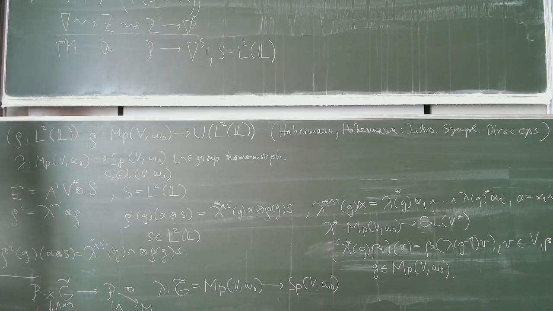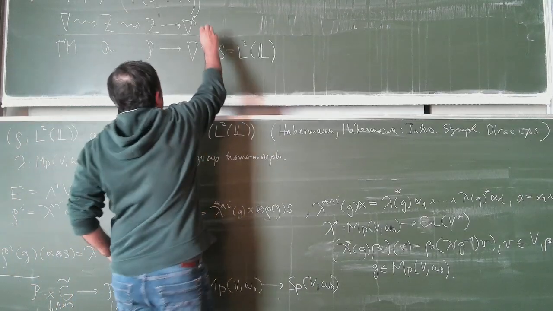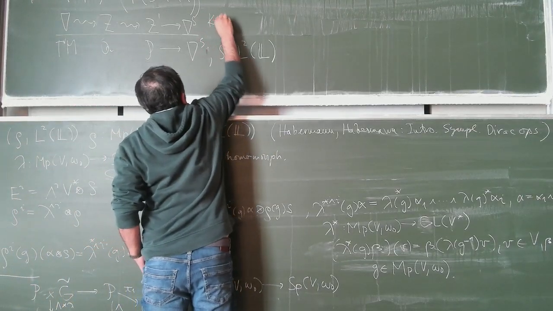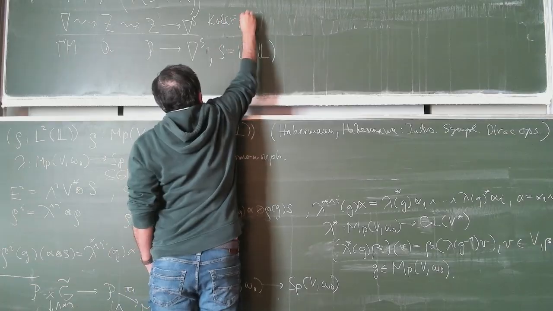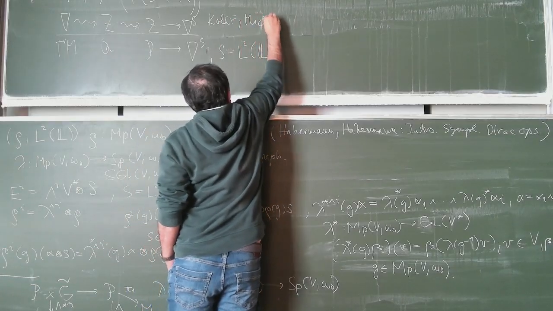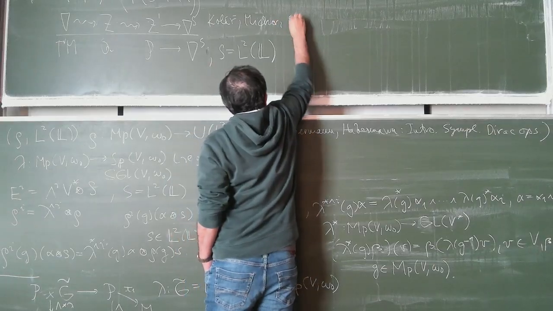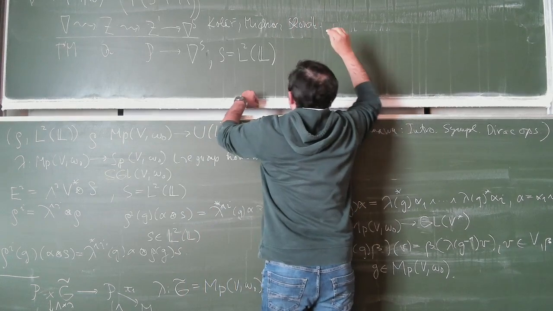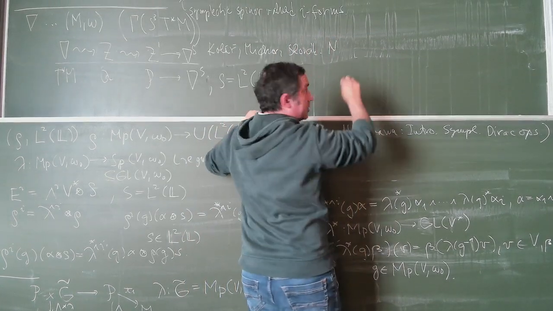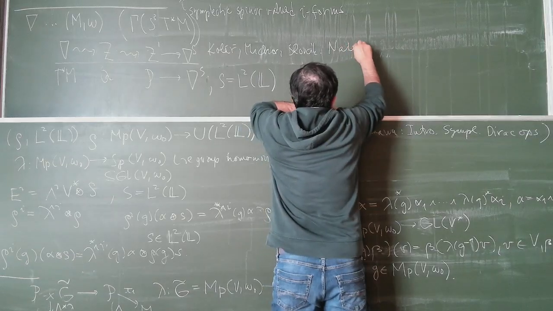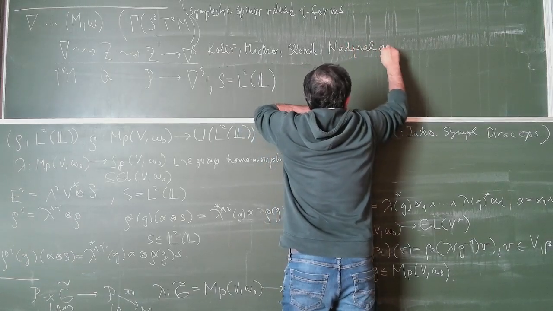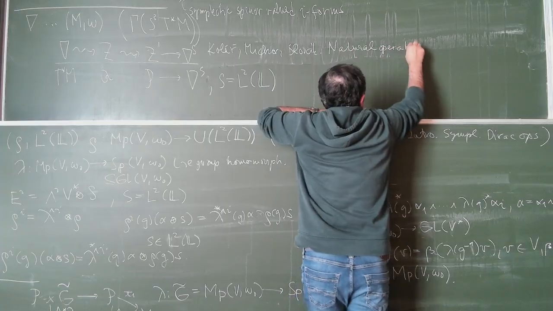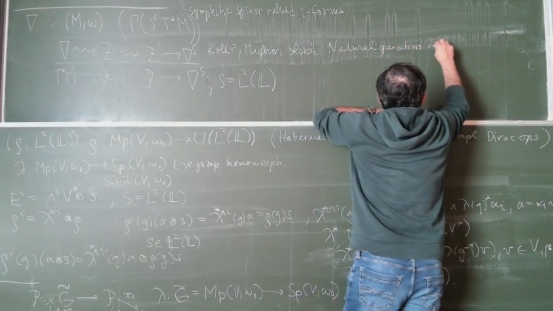For example, Kolář, Michor, Slovák, Natural Operations in Differential Geometry.